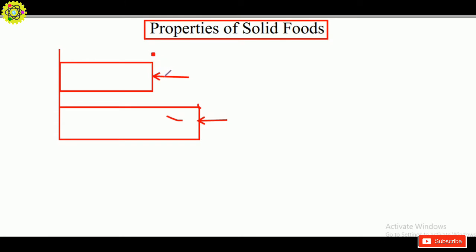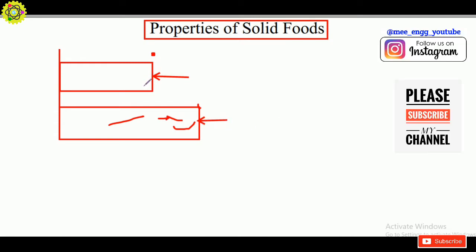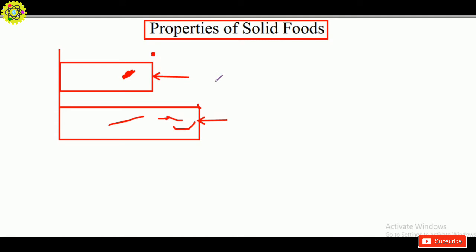And when we remove this compressive force, it again retracts to its original position, as you can see in this bar. And when we compress it and it stays in this position, it is called non-elastic. So we have clarified the concept of elastic and non-elastic substance.